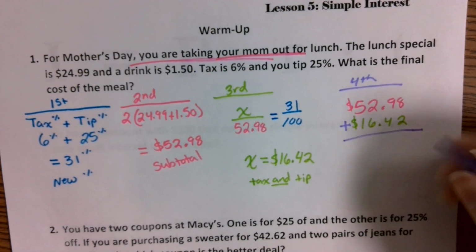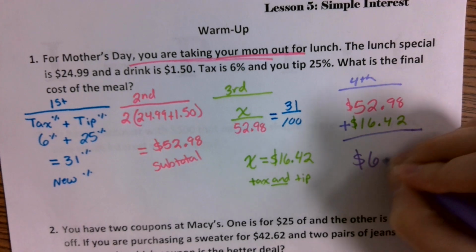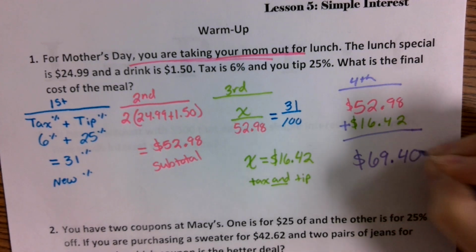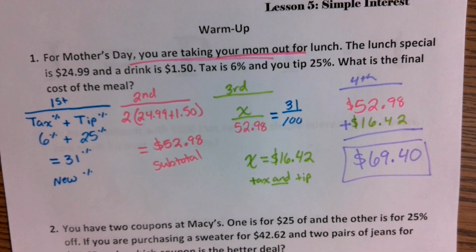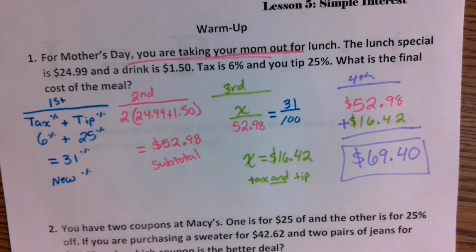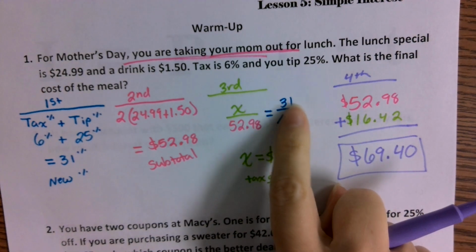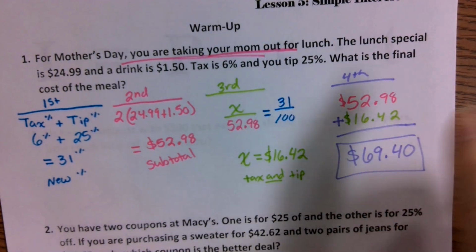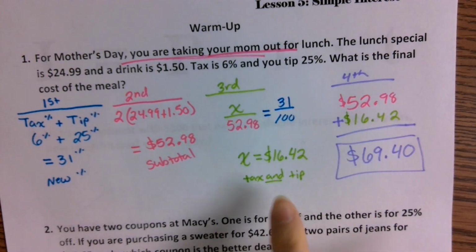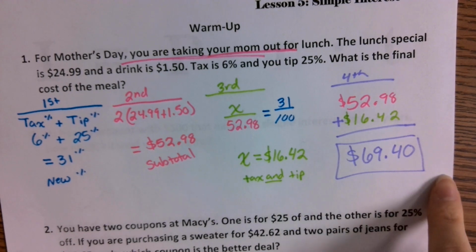And that's where we get our final answer of $69.40. Okay? You had to combine your tip and tax percents together first. You had to find out what your subtotal was. Then you do your percent proportion based off of your subtotal and your combined percentages, and combine the subtotal with that tip and tax dollar amount.